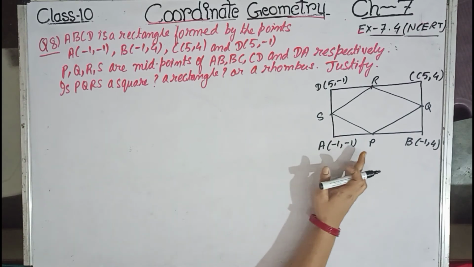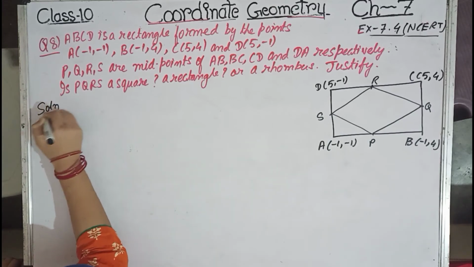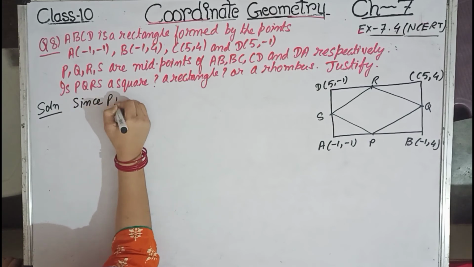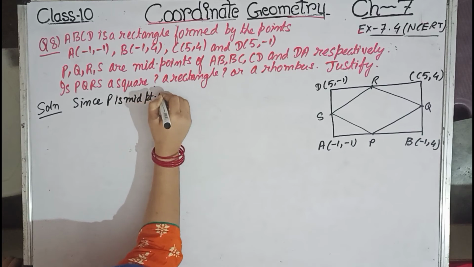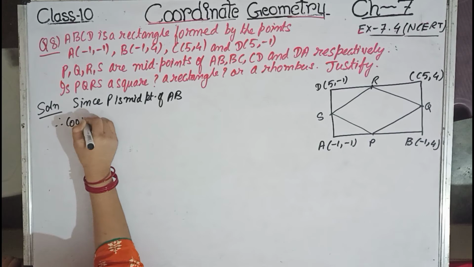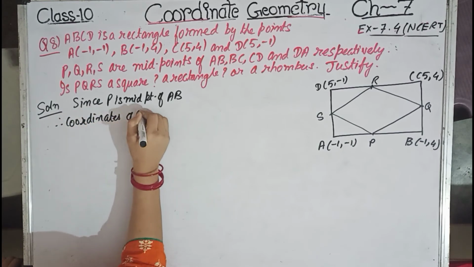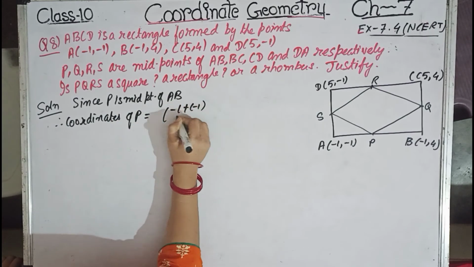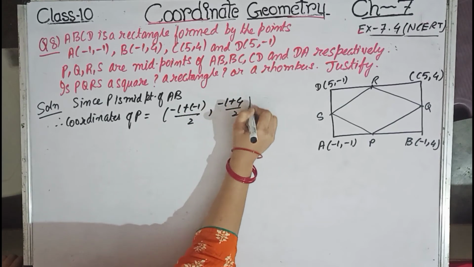So first let us find the coordinates of P, Q, R, S. Since P is the midpoint of AB, therefore the coordinates of P equal (-1 plus -1) by 2 and (-1 plus 4) by 2.